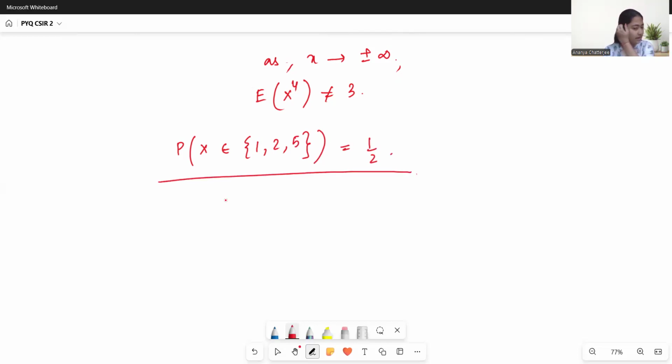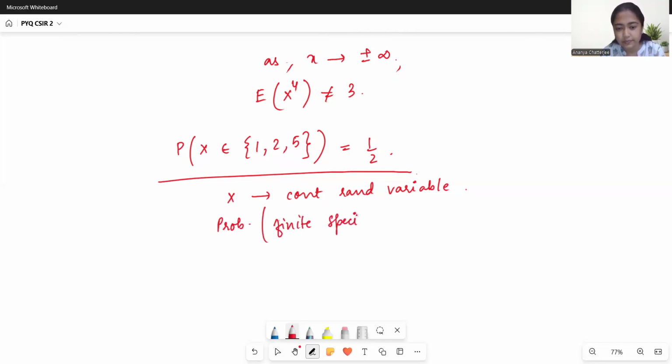Now from here what we get is, since x is a continuous random variable, the probability of a finite set of specific values is 0, as we know that x is a continuous random variable.